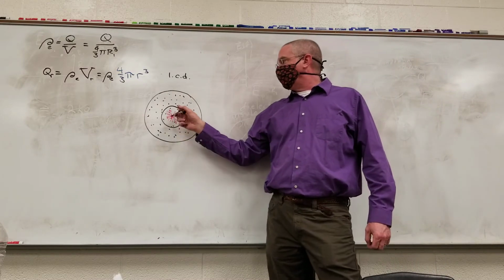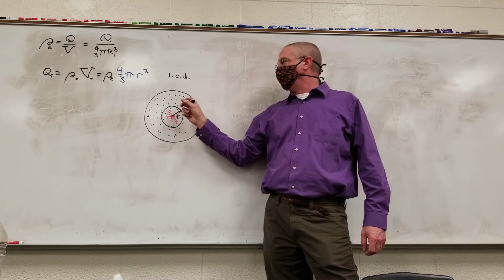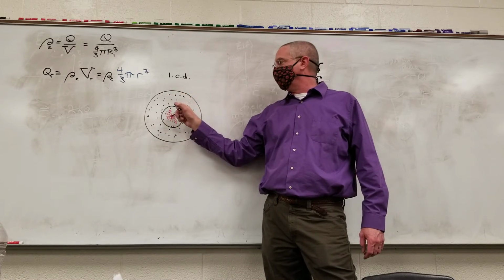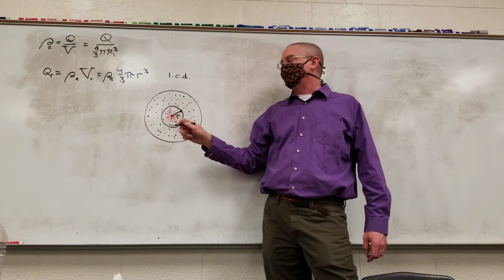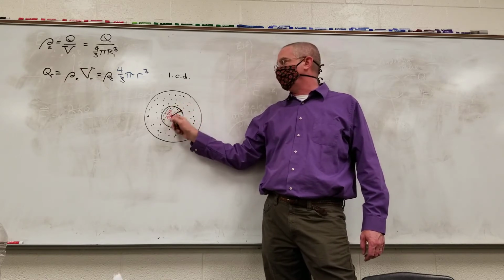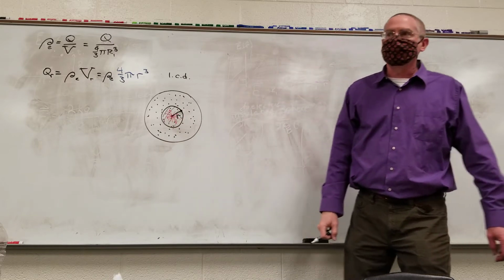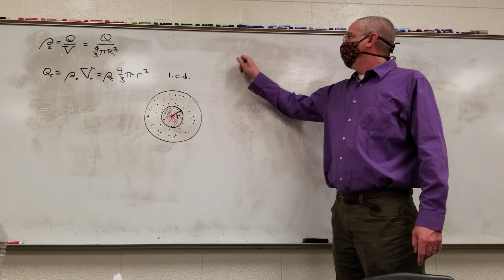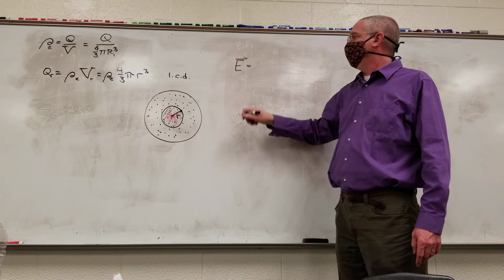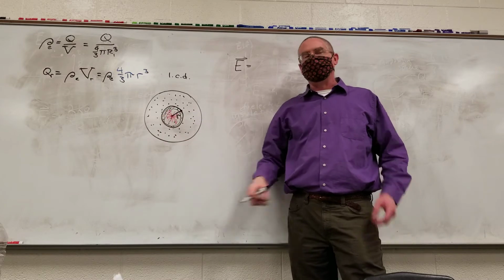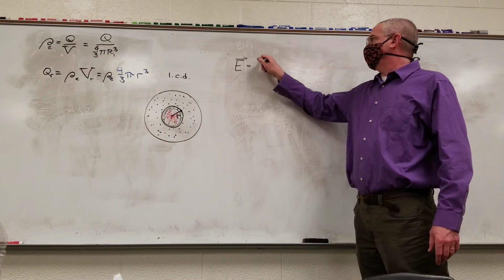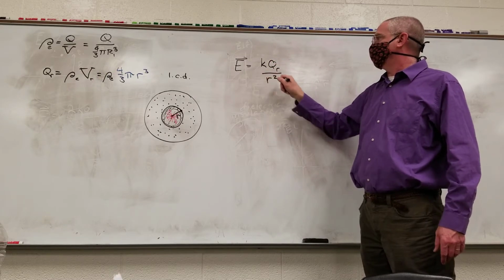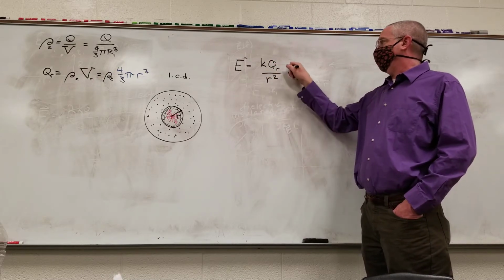Now, if I am looking at this point right here, the electric field contribution from everything outside of it is 0. The only reason there's an electric field here that's not 0 is that which is closer to the center. So the electric field, since I'm outside this sphere or at the surface, I can treat that like a point charge. So this is equal to K times Q sub R over little r squared, r hat.